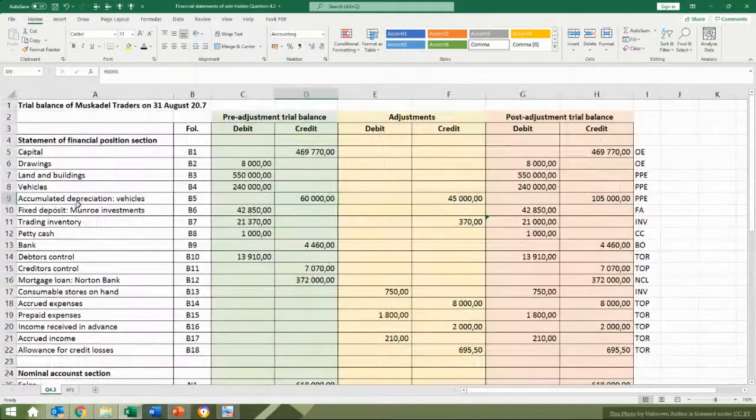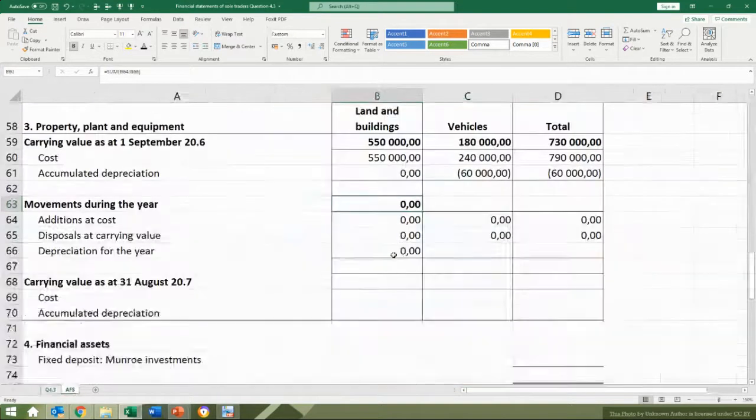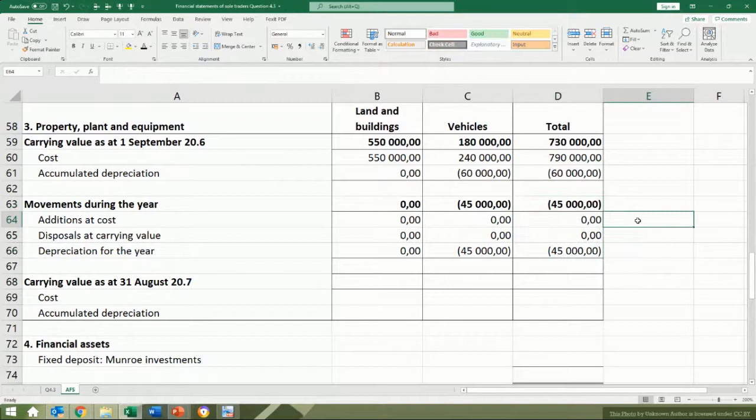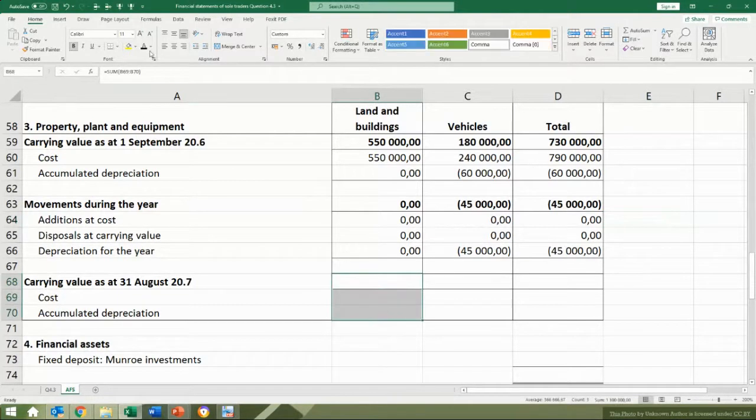If you go back to this, the depreciation amount for the vehicles was the 45,000, so we captured the 45,000 here, and then we add the total column to give us the movement for the vehicles. Now, to get to the carrying amount at the bottom, for the land and buildings, it's pretty straightforward. There weren't any changes, so you just carry those amounts exactly the same as at the top.